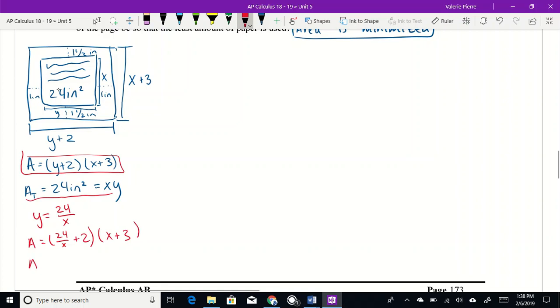And I can simplify this by multiplying it out. So we get 24 plus 72 over x plus 2x plus 6.